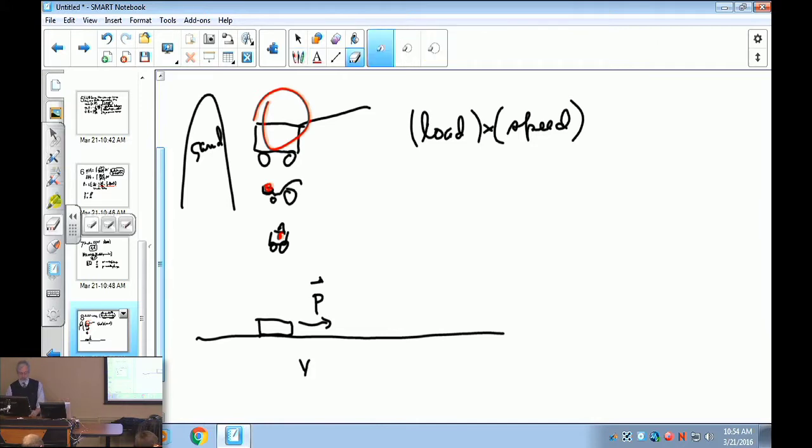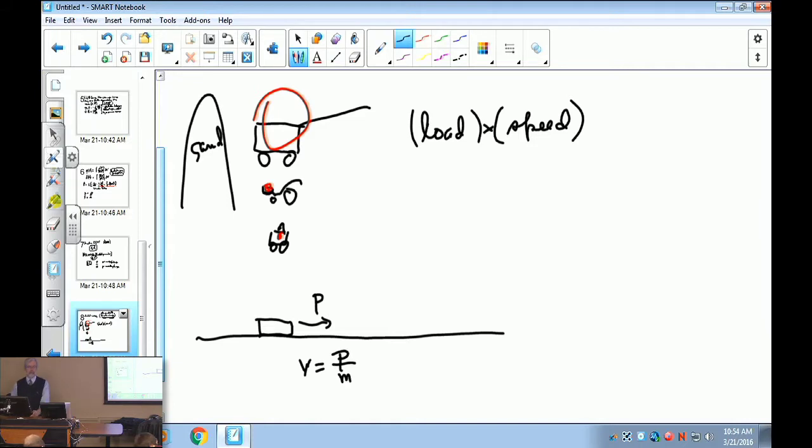Well, the velocity, let's get rid of the vector here, is in the direction of the momentum, and it's proportional to the momentum by Buridan's law. So now we have the load is the momentum itself, and the speed by Buridan's law is proportional to the momentum. So that's the unusual thing here, right?